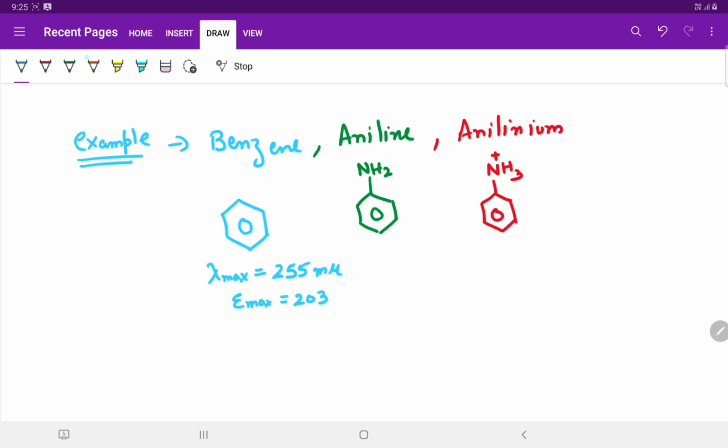Whereas for aniline the value of lambda max will be around 280 millimicrons and the epsilon value will be equal to 1430.